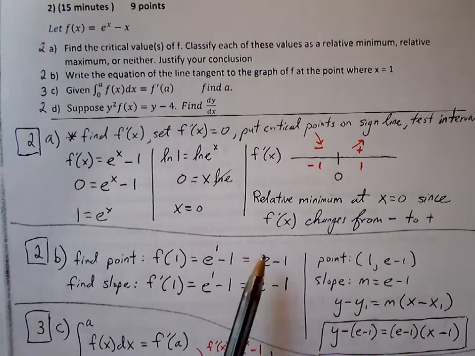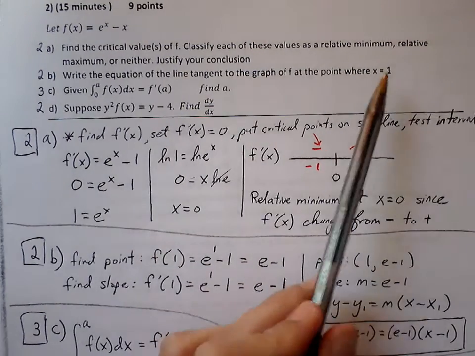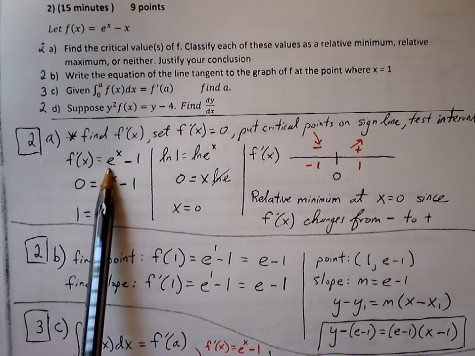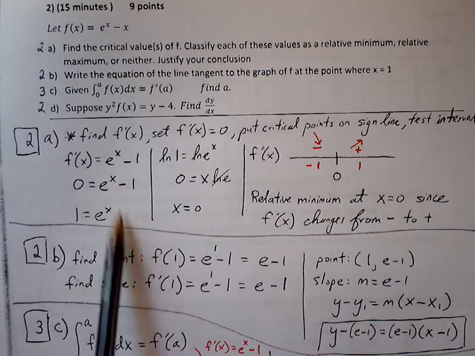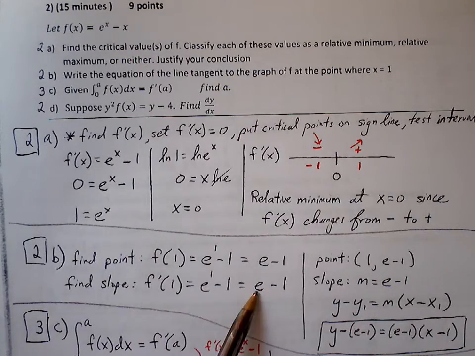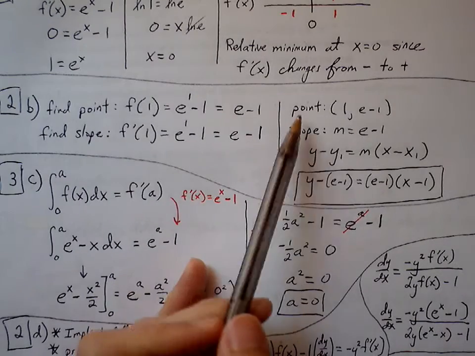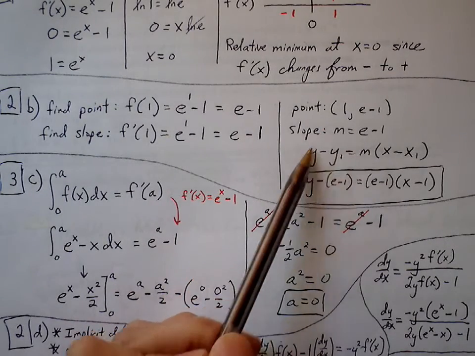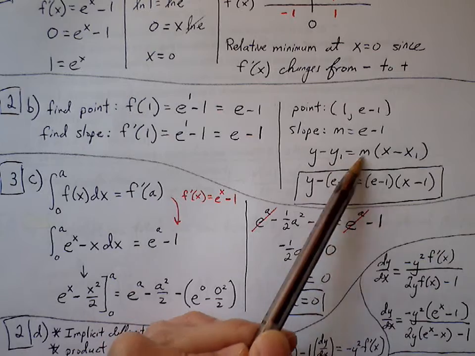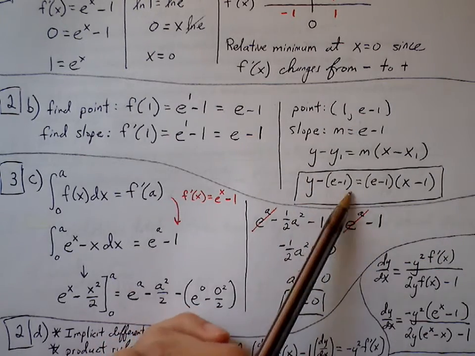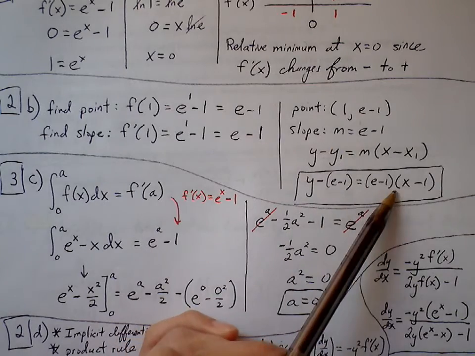The slope, f prime of 1, plug 1 into the derivative function, which is e to the 1 minus 1, also the same value. Okay, so we have our ordered pair, we have our slope, and we just put into our point slope form. Okay, y minus y sub 1 equals m times x minus x sub 1, so y minus parentheses e minus 1 equals slope e minus 1 times x minus 1.